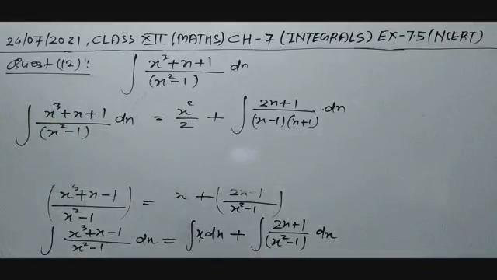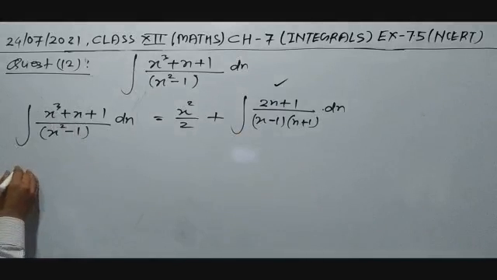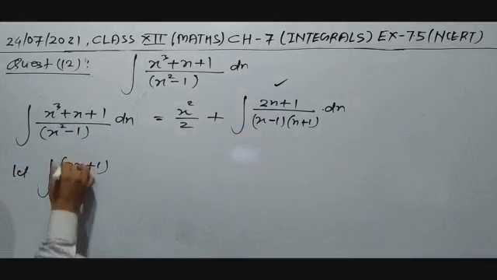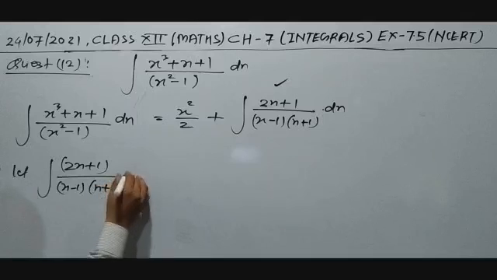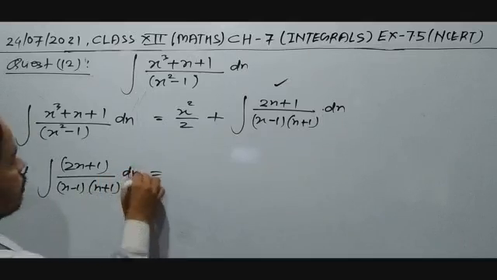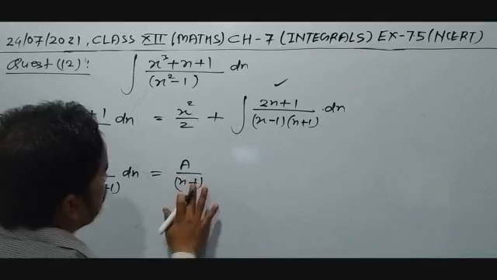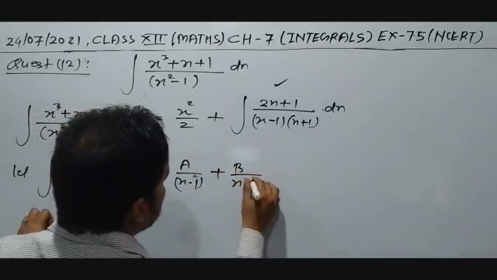Now we can apply the partial fraction method. For the calculation of this integral, let (2x plus 1) whole upon (x minus 1) times (x plus 1) be equal to a upon x minus 1 plus b upon x plus 1.